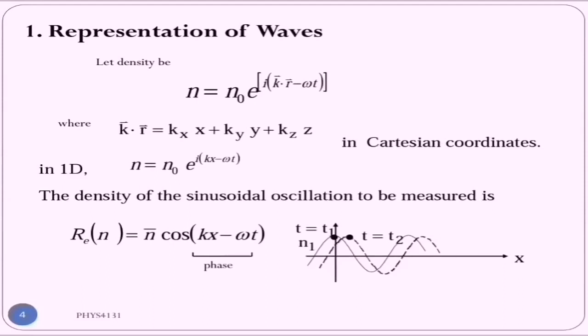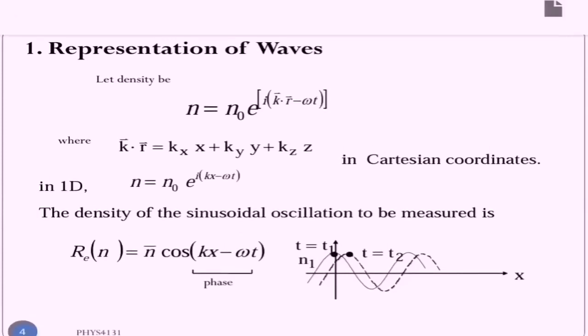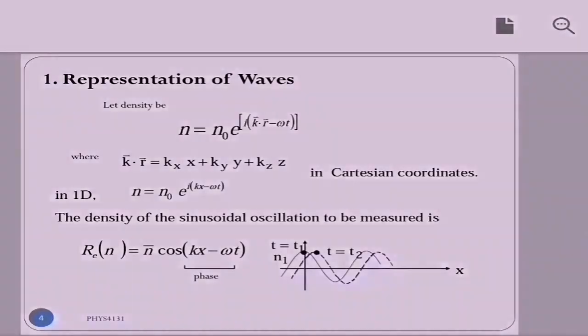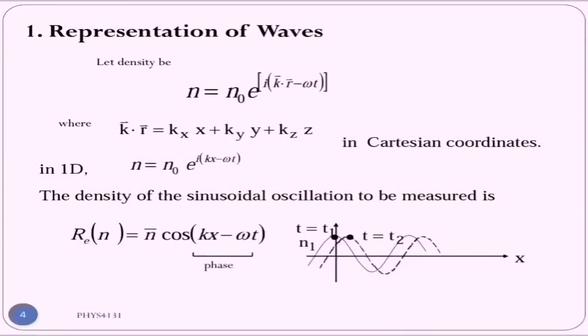The density of the sinusoidal oscillations to be measured is the real part, which can be written as Re of n equals n bar cos of (kx minus omega t). The term in the bracket, kx minus omega t, is called the phase.